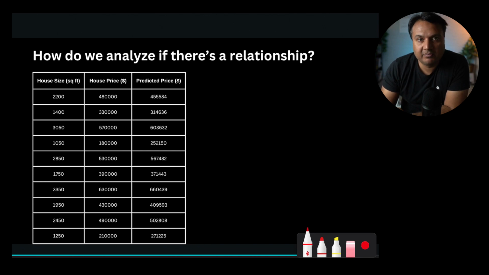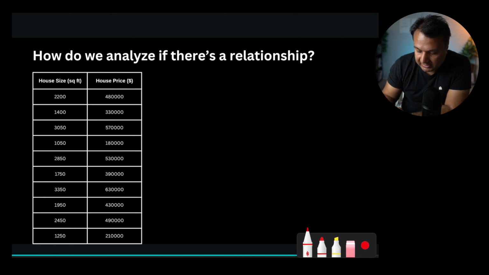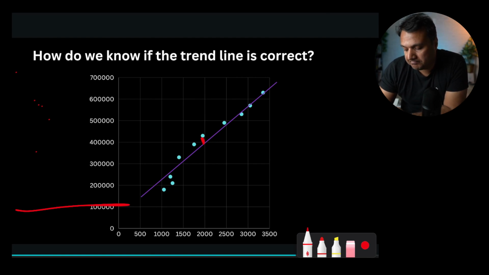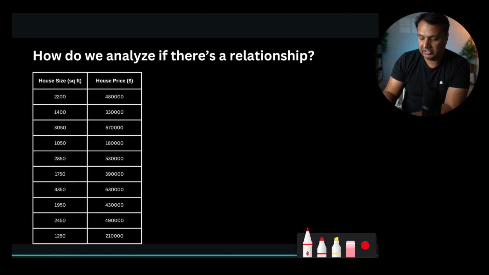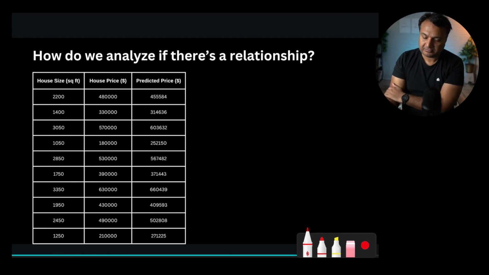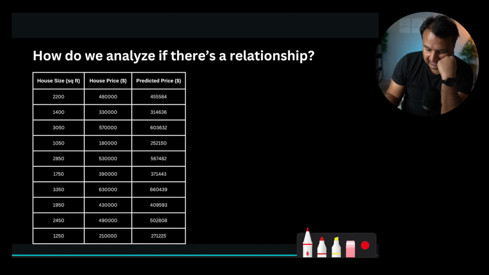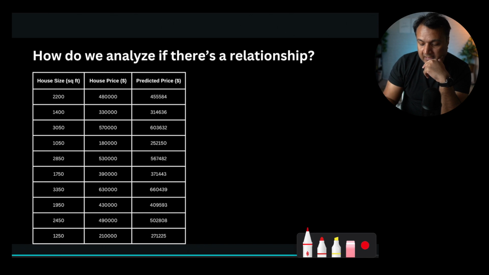Again, going back to this chart, for each of these sizes at the bottom, you can say, okay, for 2,500, what is the price? You go and look at the chart, where does it fall? Maybe somewhere here. And based on that, you create a predicted price. Once you have the predicted price, you have the actual price in the second column, and then the predicted price.